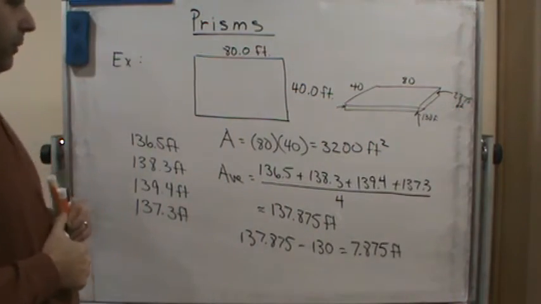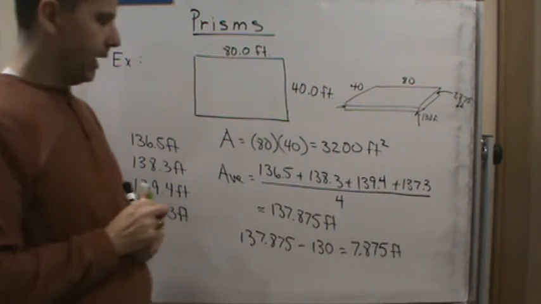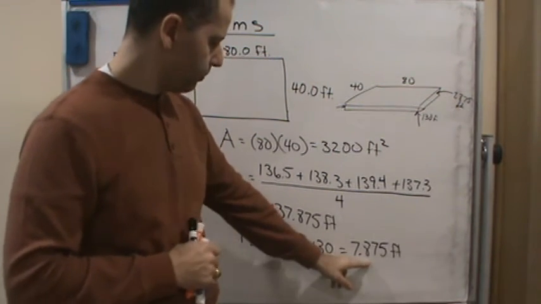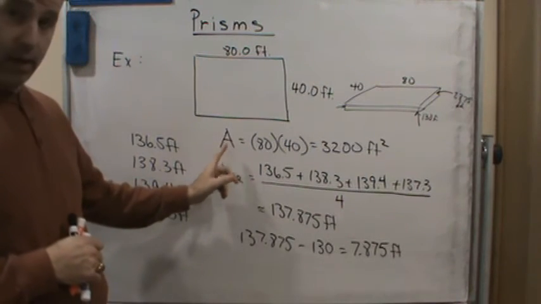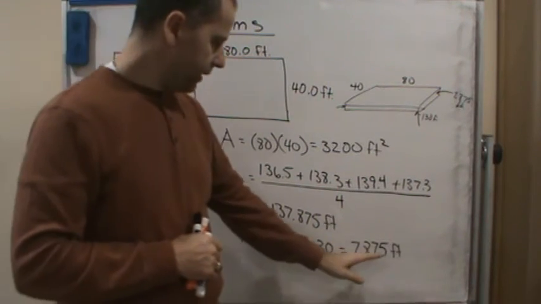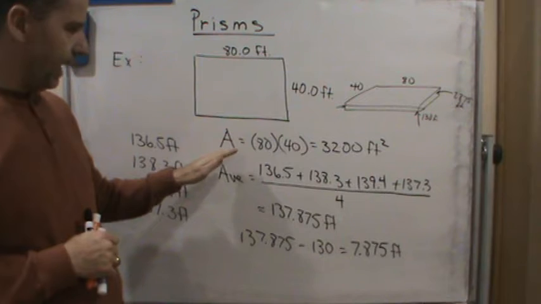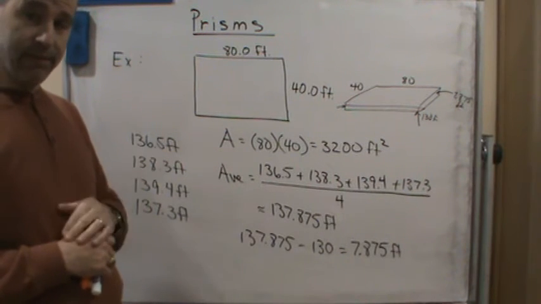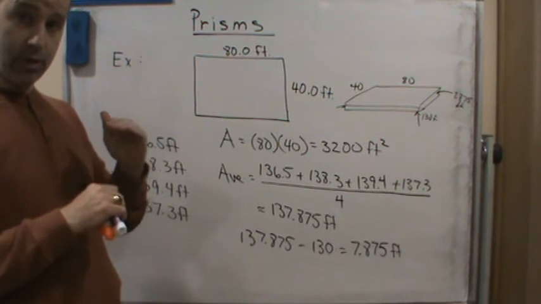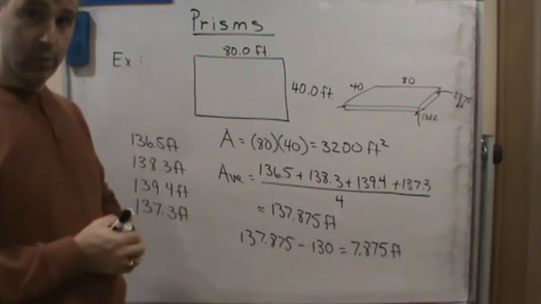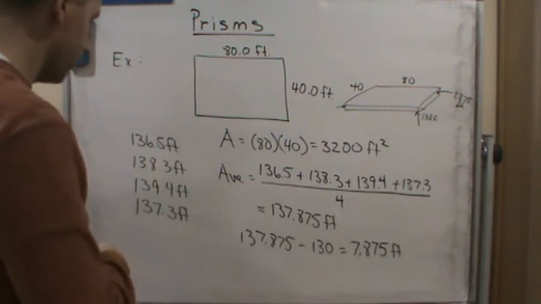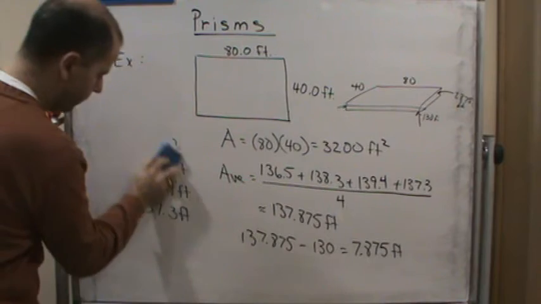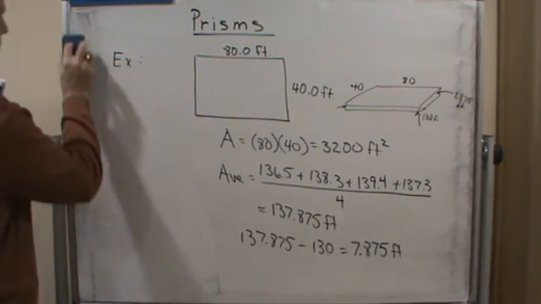Now we've got the height and we've got the area of the plot of land. If we take the height times the area, that's going to give us the volume of dirt on average that we're going to have to remove. So let's do that.